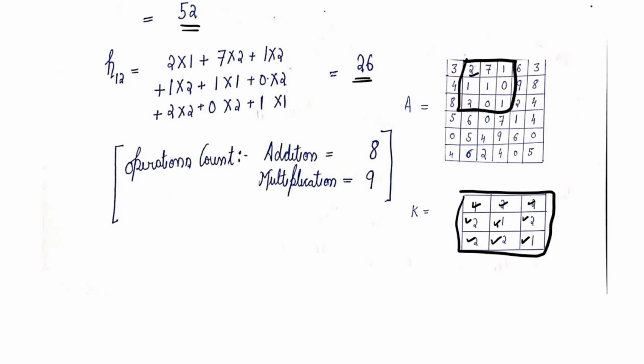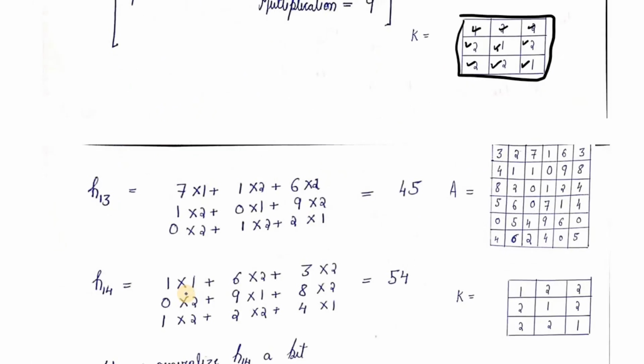Now we proceed further for the calculation of H13, and like we saw in this example, I will be using the same image and do the calculation for H13 as well. For the calculation of H13, we consider this submatrix, and consequently we have the kernel as usual, and we follow the same terminology for calculating the dot product.